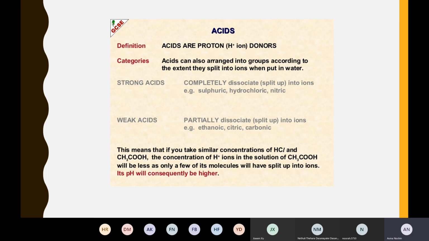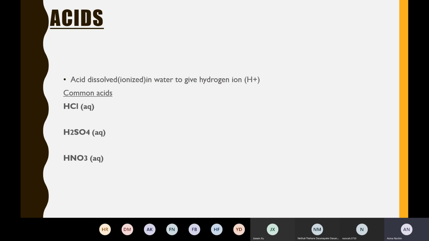So see, if you see this thing, completely dissociated or completely split up or completely ionized, that will be your strong acid. Partially or not completely split up, that will be your weak acid. Same as before, I wrote two examples over here, HCl and H2SO4.